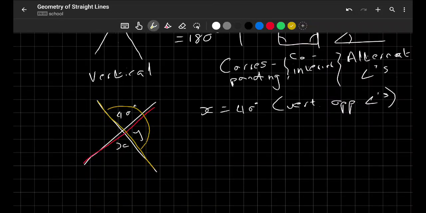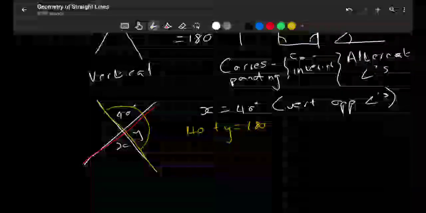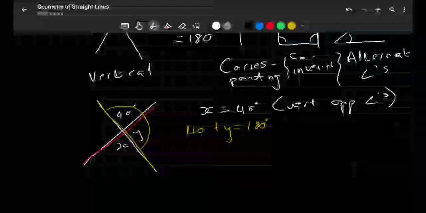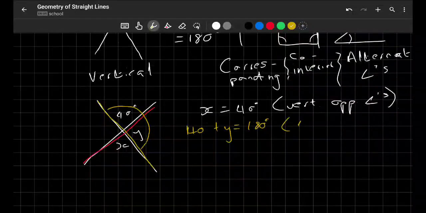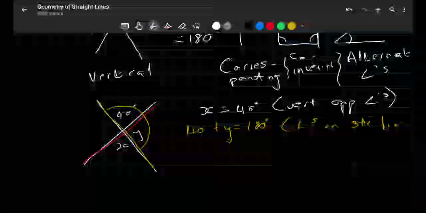So you say 40 degrees plus Y is equal to 180 degrees. And then you say angles on a straight line, but I'm going to abbreviate it like usual.